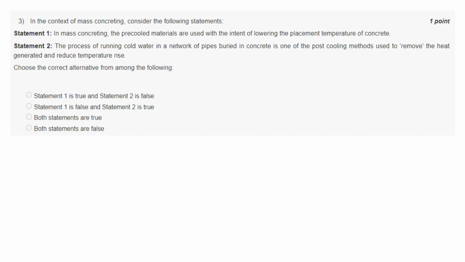Okay, so both the statements are correct. Pre-cooled materials lower the placement temperature, and cold water pipes buried in concrete are used for post-cooling. So both statements are true. Therefore, third option is correct.